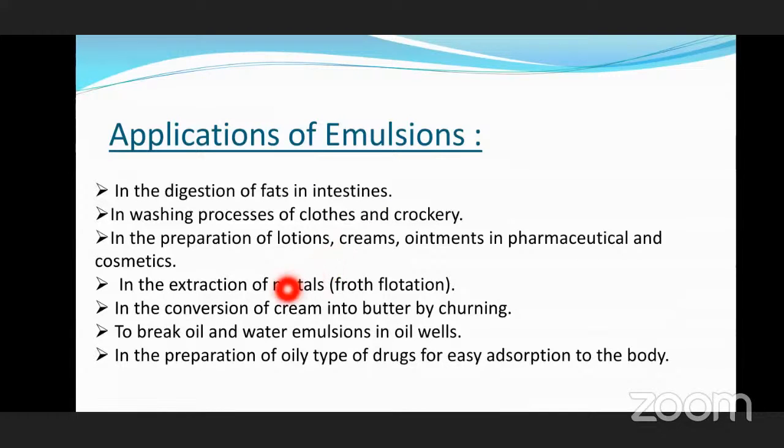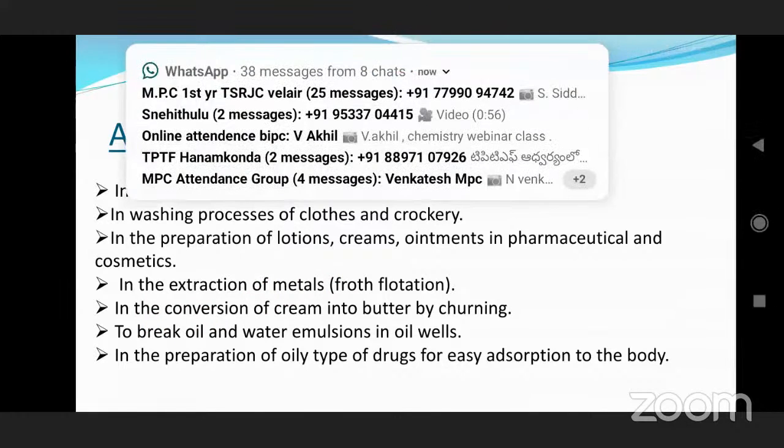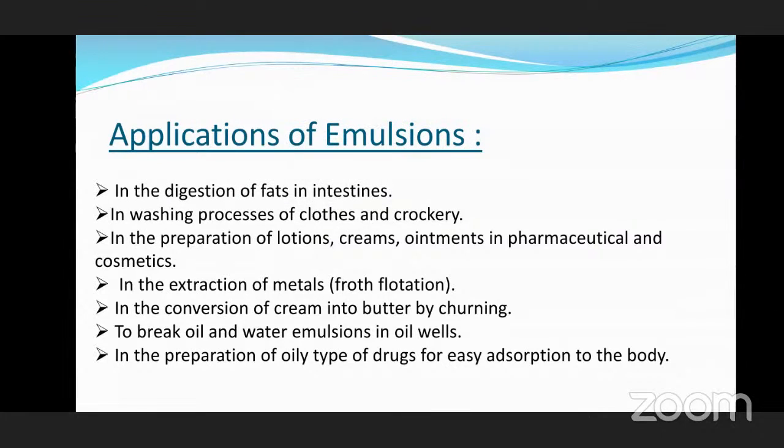Then here, breaking oil and water emulsion in oil wells. In this process we use the emulsions. The last point of the application of emulsion is the preparation of oily type of drugs for easy absorption to the body.